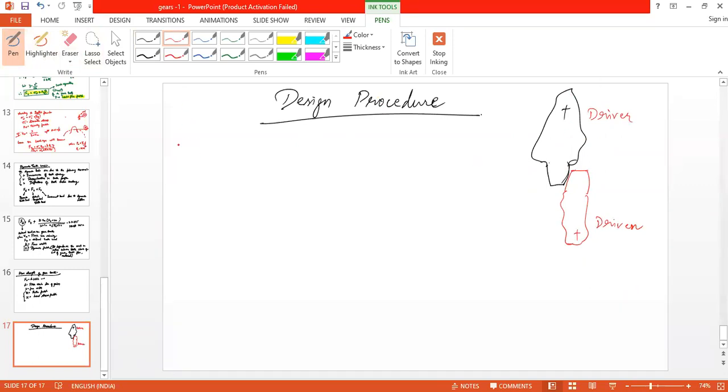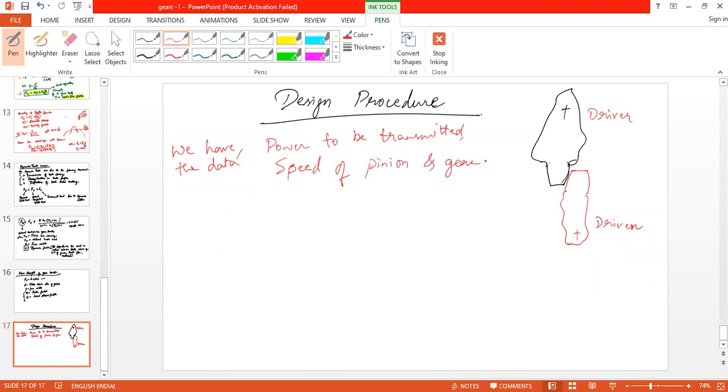So let us assume that we have the power to be transmitted, the speed of pinion and gear, and we know the center distance. Okay, we know all this.